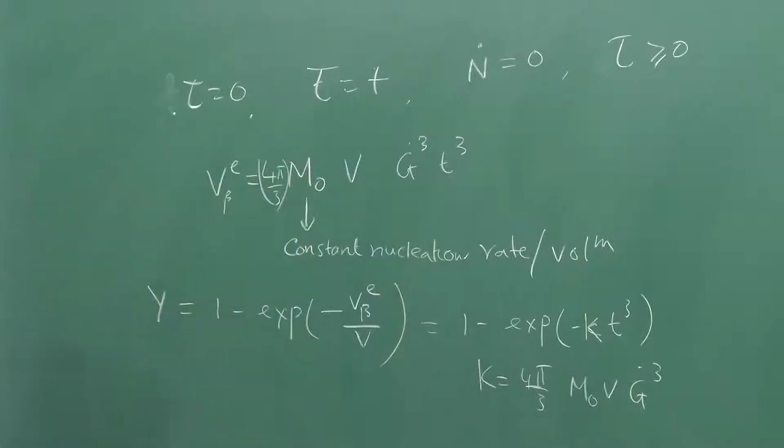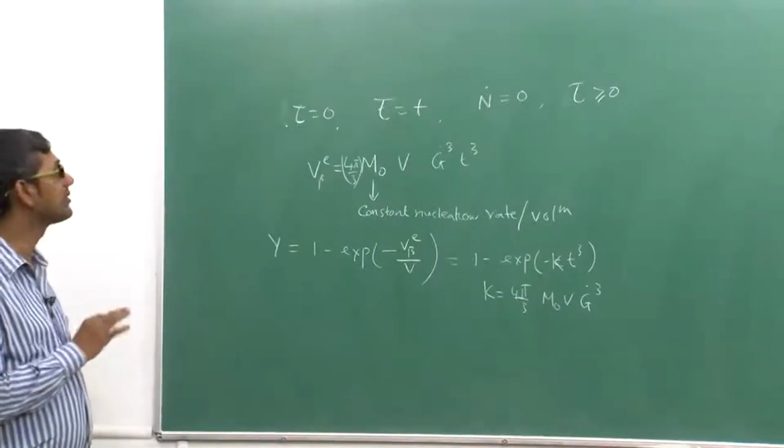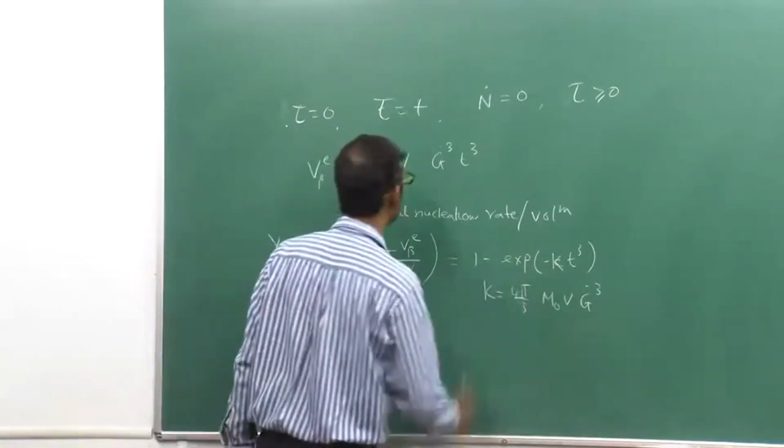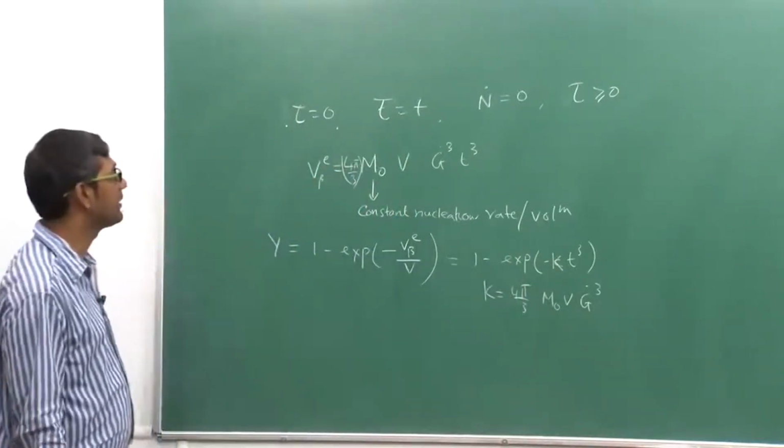So this is one situation in which nucleation has no role to play. That's why N dot is not present anywhere in the equation. It's only G dot which is determining things.